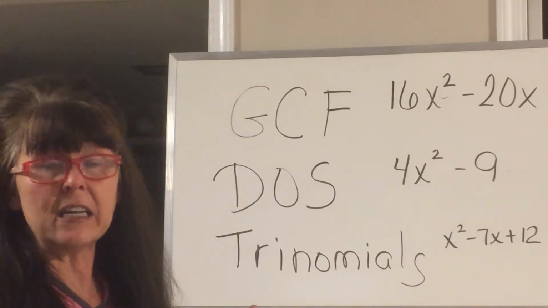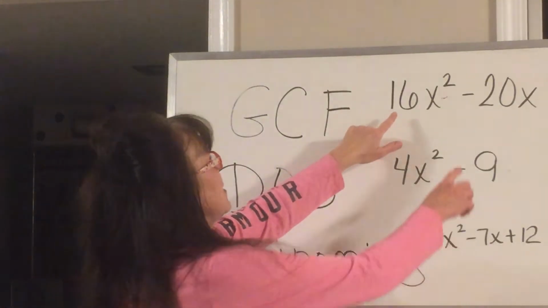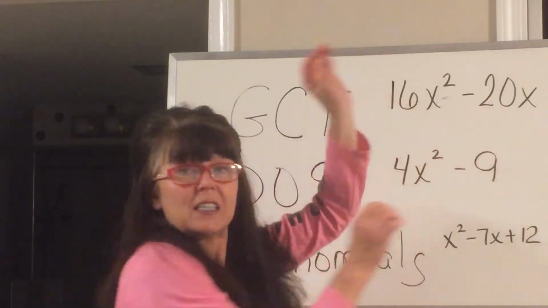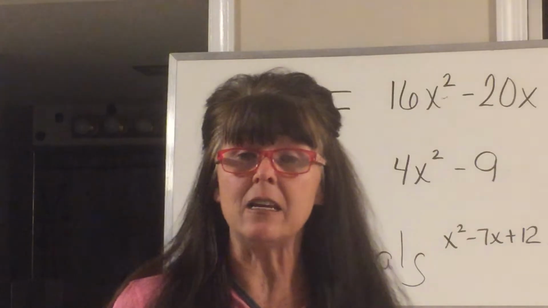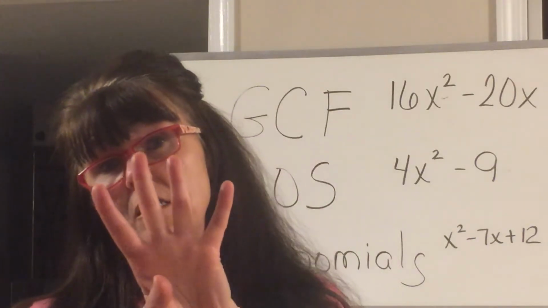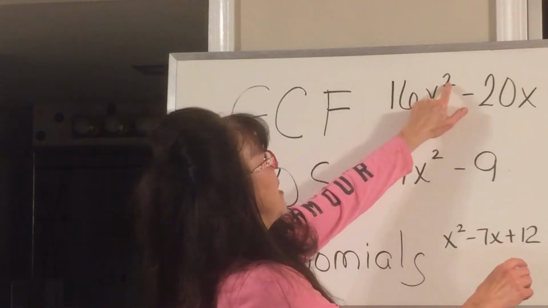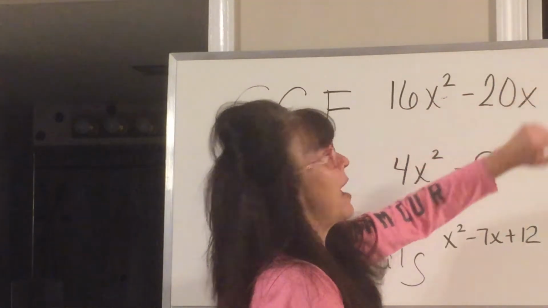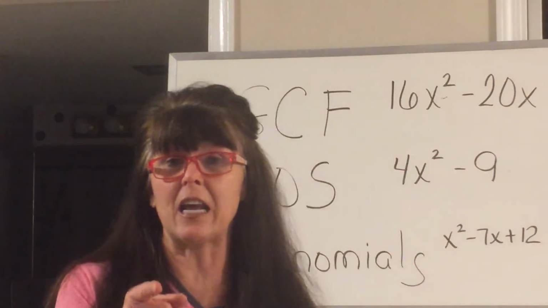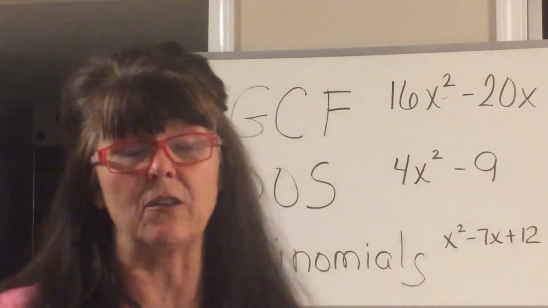How do you find it? It's the biggest number that will go into 16 and 20, which would be 4. And then on the variables, x squared or x to the first power, it's the smallest exponent, which would be x to the first power.